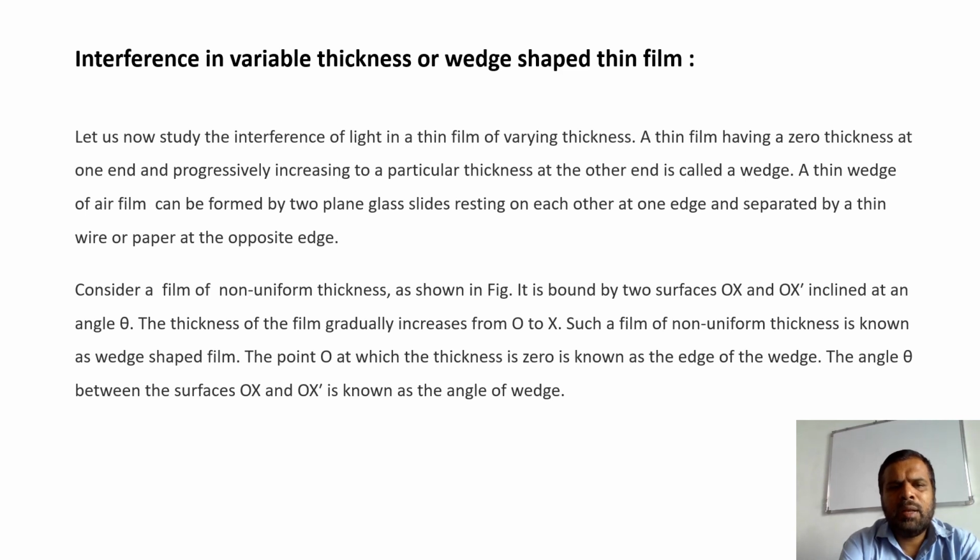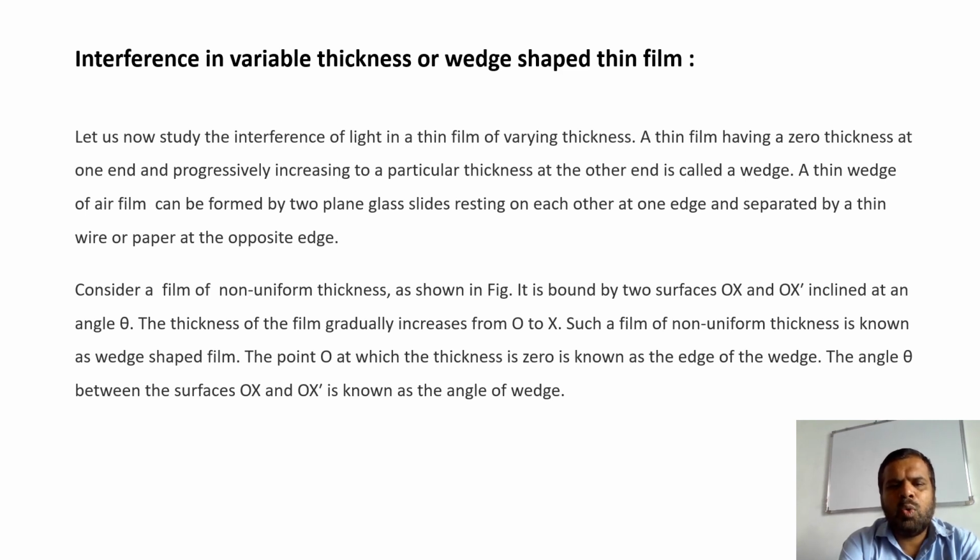Consider a thin film of non-uniform thickness as shown in the figure. It is bound by two surfaces OX and OX dash, inclined at an angle theta. The thickness of the film gradually increases from O to X. Such a film of non-uniform thickness is known as a wedge-shaped film.